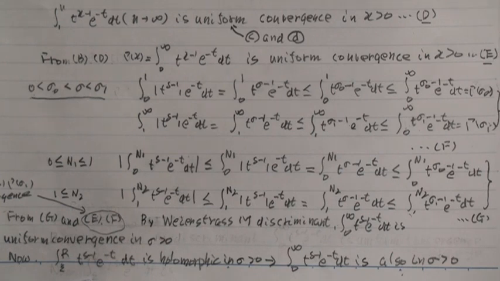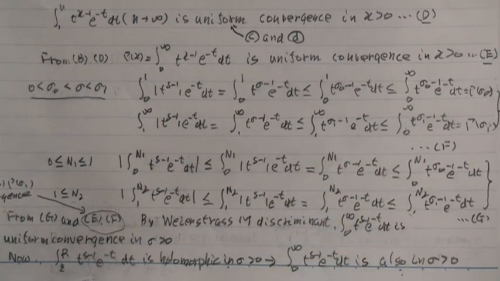And the absolute value of the integral from 1 to n₂ of t^(s−1) e^(−t) dt is less than or equal to the bound with σ₁, and t^x on this interval is an increasing function.